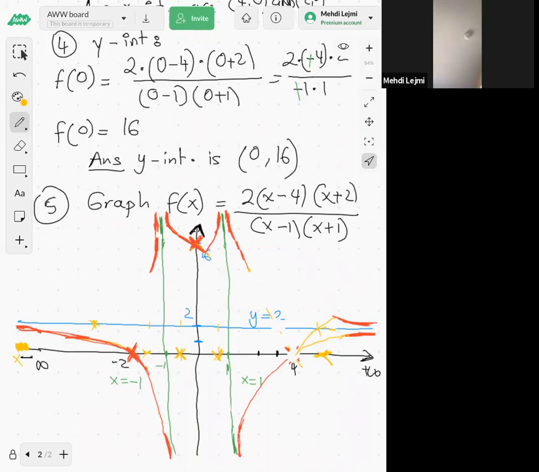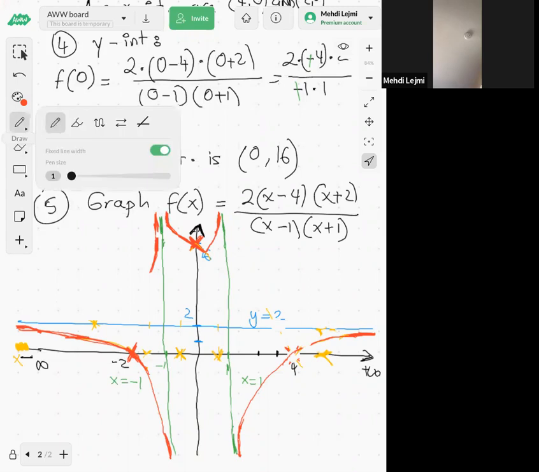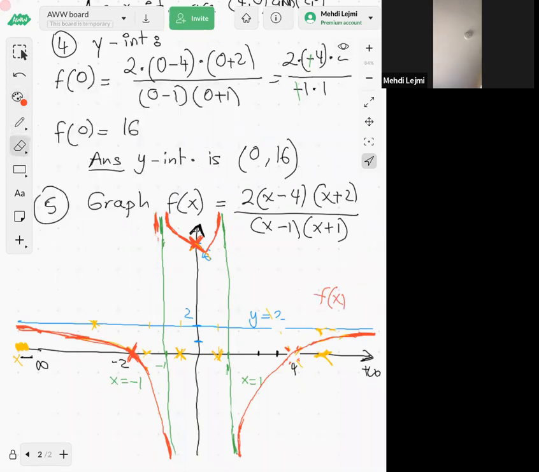And you are not supposed to touch or intersect your horizontal asymptote when you are close to infinity. So the right thing to do is to go below the horizontal asymptote. So this is the right thing to do here. Okay, and so I have to erase this. So that will be the graph of f of x. Of course, I have to erase this.